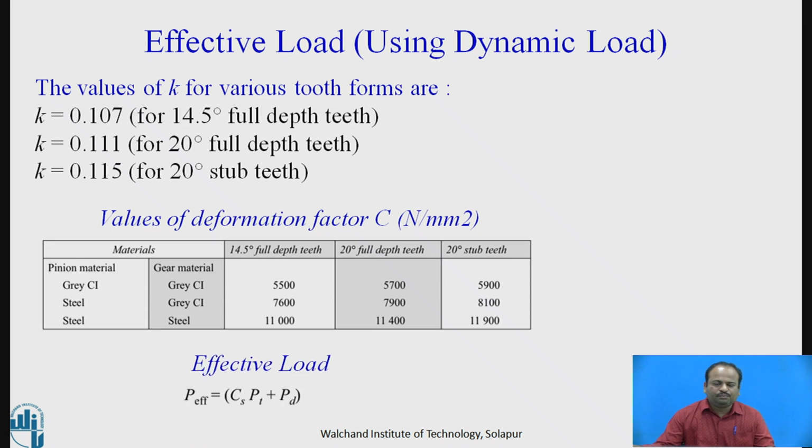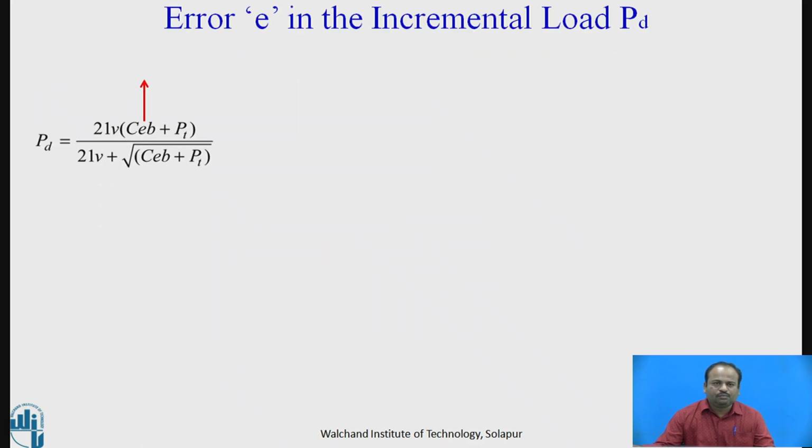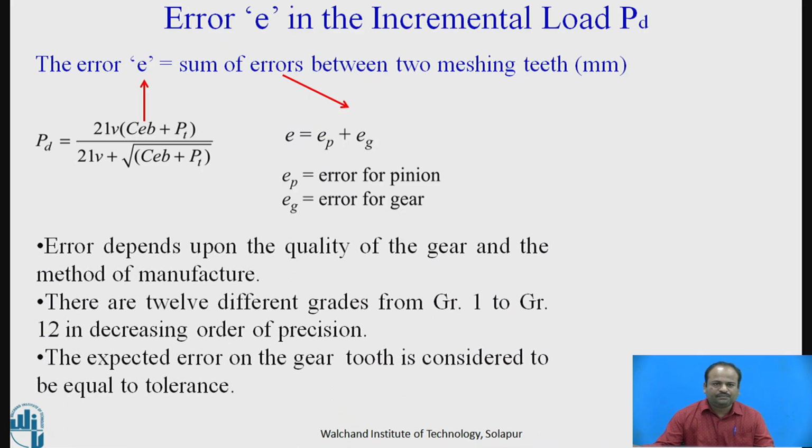So effective load P effective is equal to CS PT plus PD, with the help of which we can calculate effective load. The error e we can calculate as e is equal to ep plus eg, where ep is the error for pinion and eg is the error for gear. So error depends upon these particular factors, and there are 12 grades which are shown in the next slide.